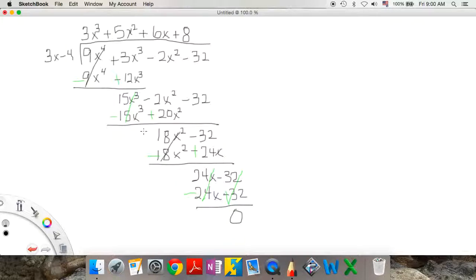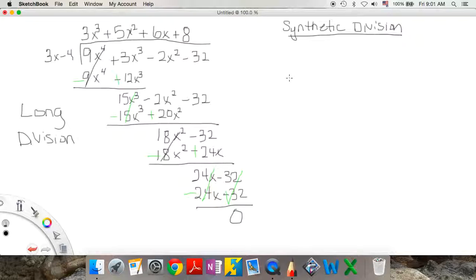Now, you can do the same exact problem with something called synthetic division. So this is long division. You can use something called synthetic division. Now, the way you set up synthetic division is you start by writing out all the coefficients in descending order. So we have our term we're dividing here, and the first coefficient is a 9.